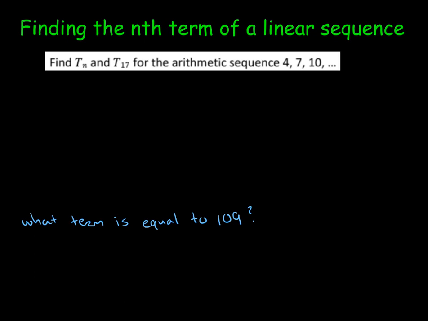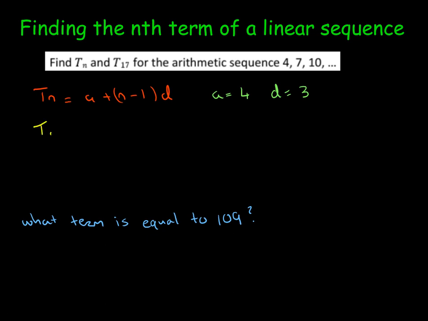To find the nth term, or the general term of an arithmetic sequence, we use the formula on page 22 in the log tables, where Tn is equal to a plus (n minus 1) by d. We're told in the log tables that a is your first term, so the first term here is 4, and d is your common difference. The common difference in this linear sequence is going up in 3s, and you can see it there.